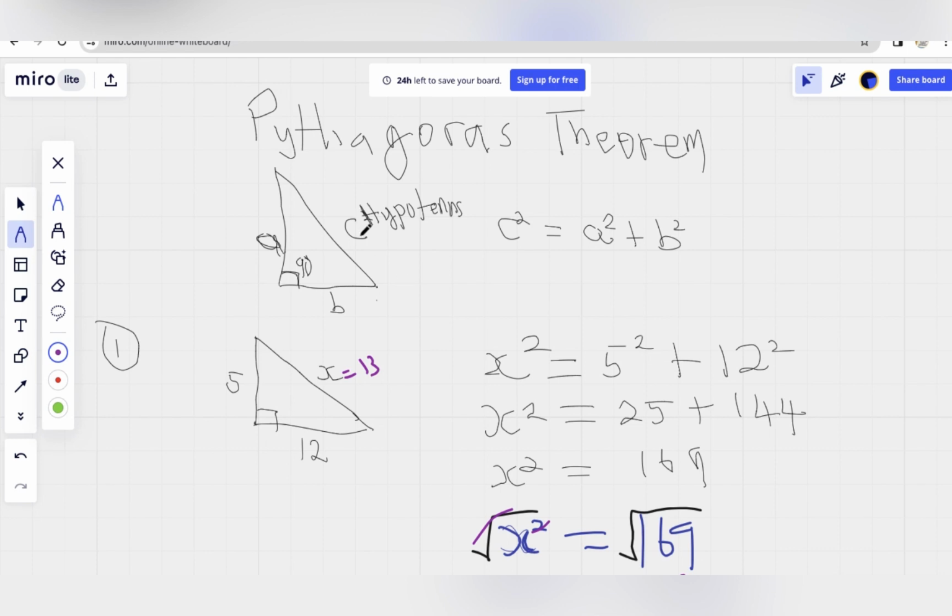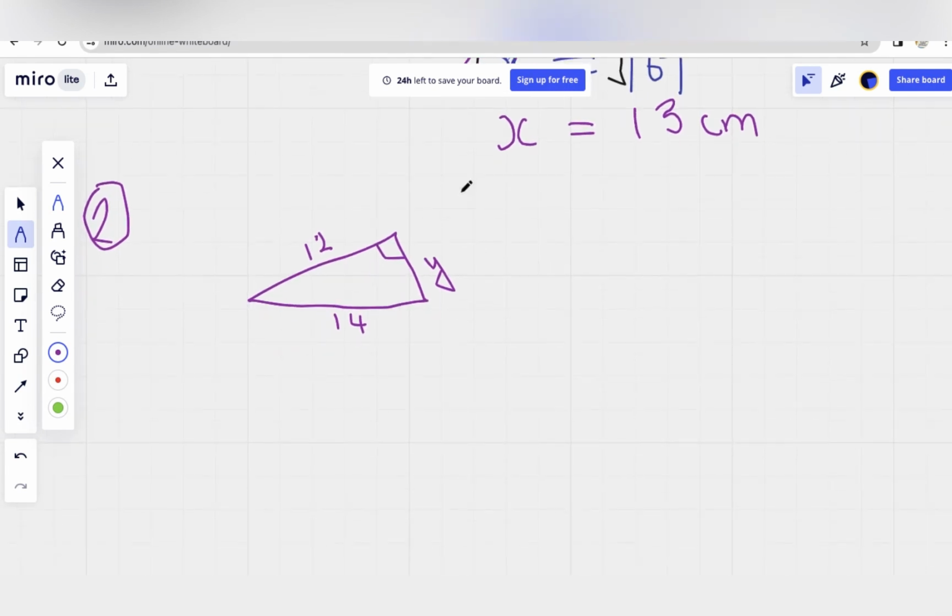We label the longest side as C, and we label the other sides as A and B. So we say c square, which is the longest side, is equal to a square plus b square. Here is c, the longest side. You can call here a, and you can call here b.